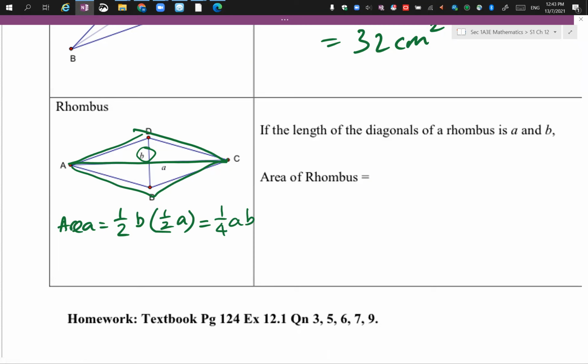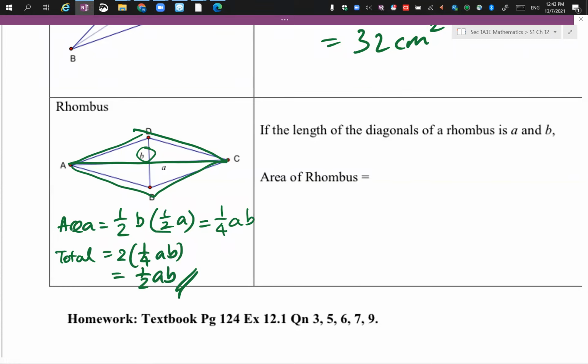The area of the triangle at the bottom is the same as the triangle on top, isn't it? They are the same triangle. So the area must be double your 1/4 AB. So the total would be 2 times 1/4 AB, which is half AB. This is why we have that as the formula.